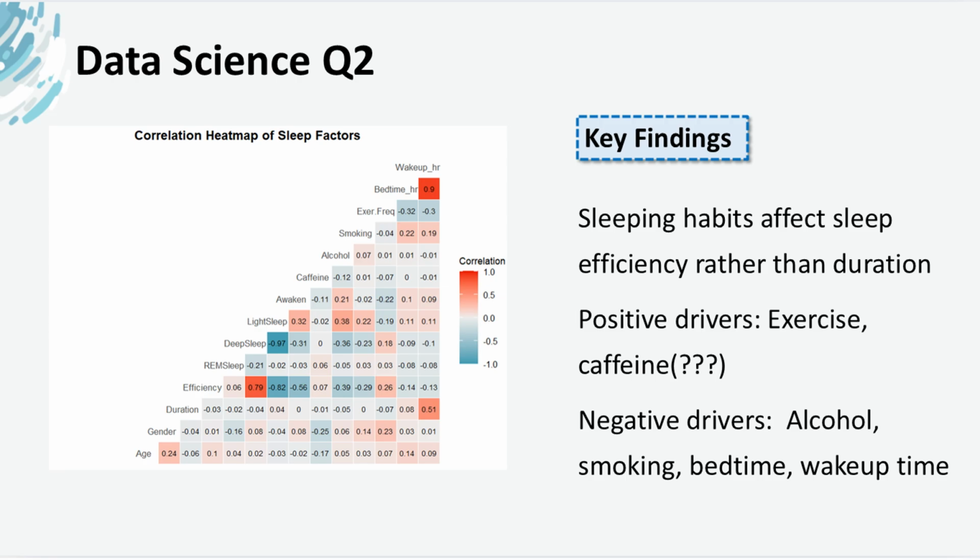The positive drivers for sleep efficiency are exercise and, for some reason, caffeine intake. The negative drivers here are alcohol, bedtime, and wake-up time. So early sleep and early wake-up facilitate sleep efficiency.